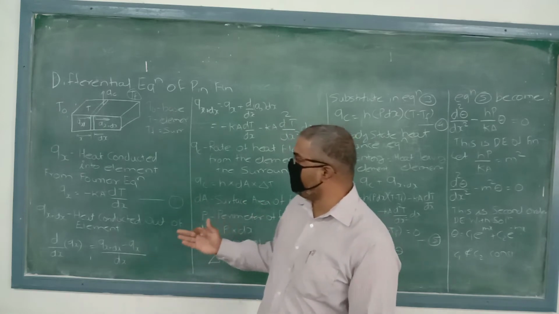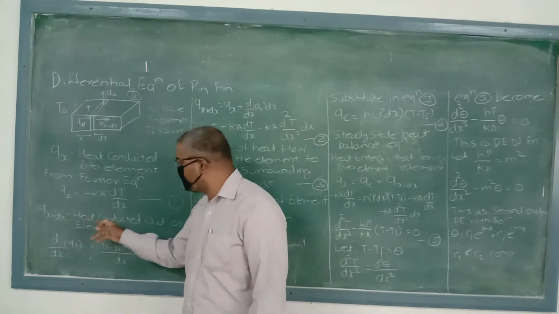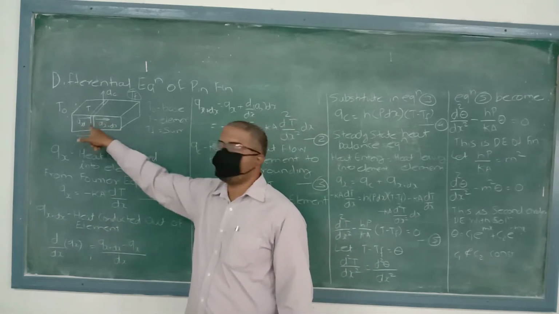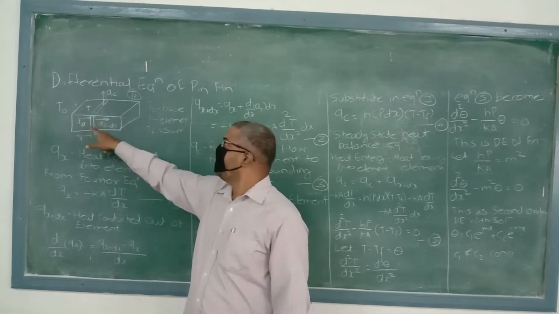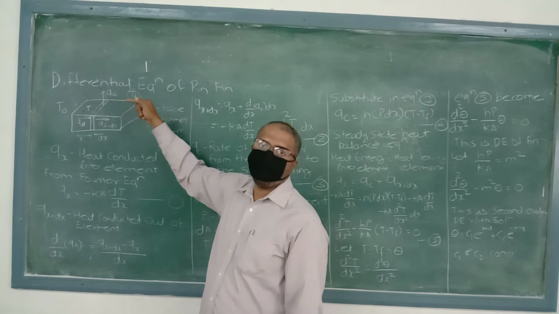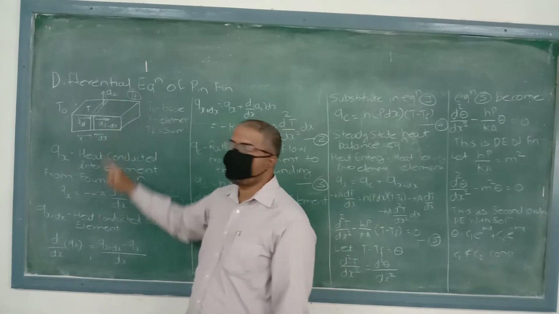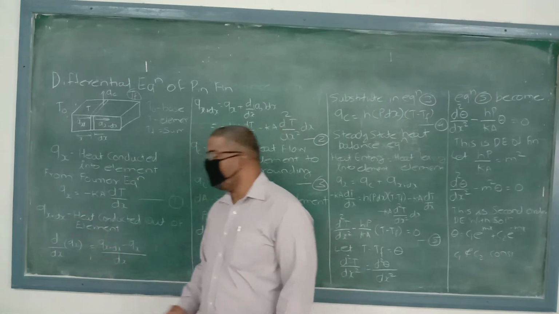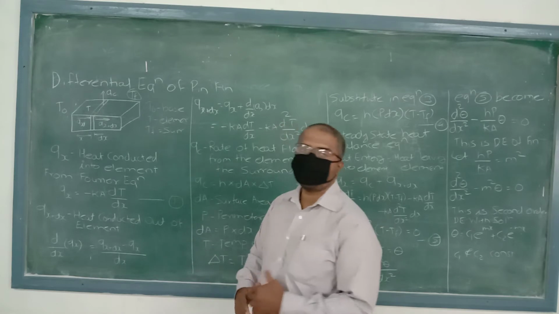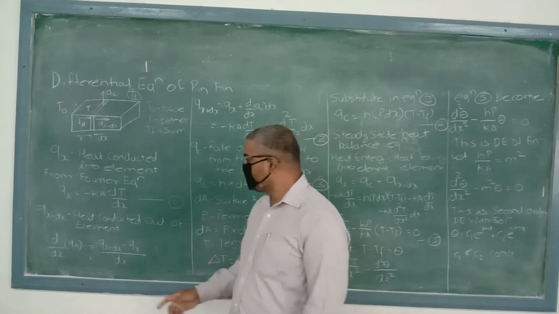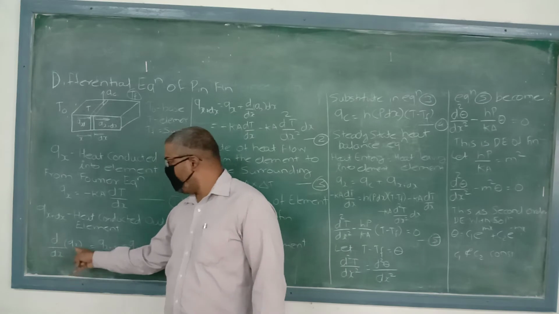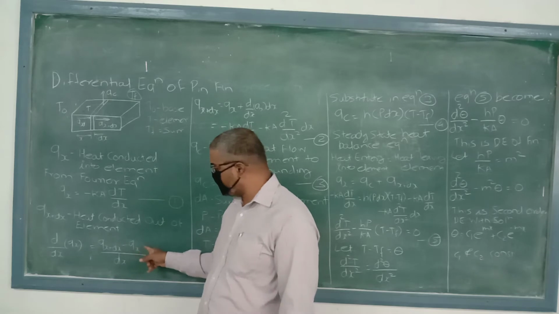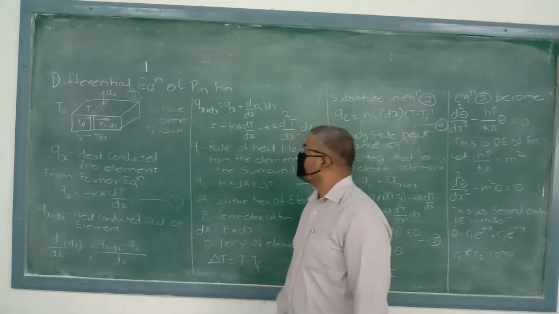Now we have to calculate Qx plus dx. This is the heat conducted out of the elemental area. In this small elemental area, Qx is the amount of heat supplied, but this heat is utilized for Qc and Qx plus dx. So here we have to find Qx plus dx, the heat conducted out of the elemental area. We can write d by dx of Qx is equal to Qx plus dx minus Qx upon dx.